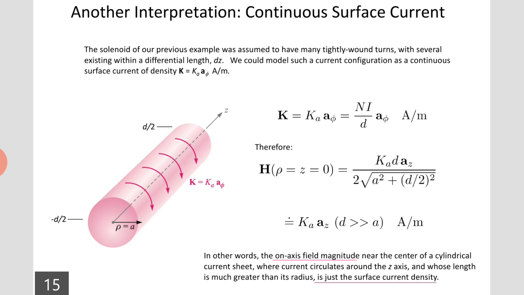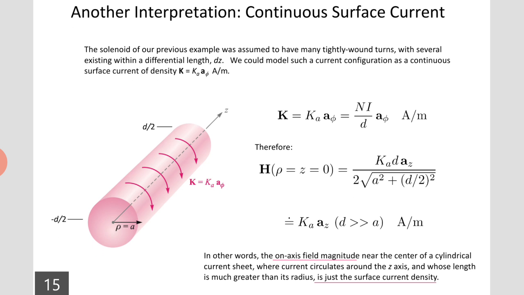Now, H at rho equal to 0 and z equal to 0 will be K d az divided by 2 root of (a square plus (d by 2) square). This means that if a continuous surface current is considered, the values of rho and z are equal to 0. Whenever d is much greater than a, the expression for H will be K az.